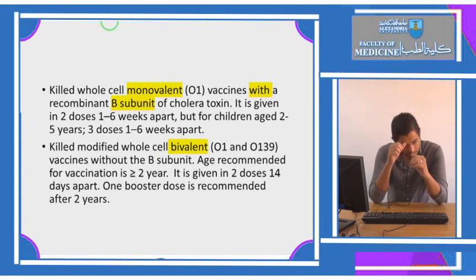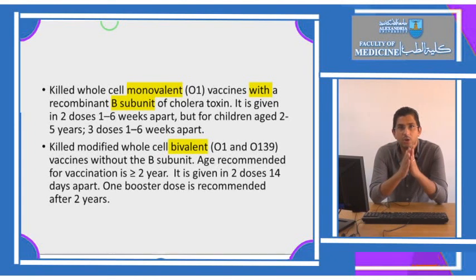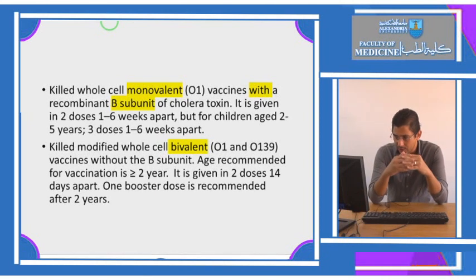So again, we have two types of oral cholera vaccine, both killed whole cell: monovalent with recombinant B subunit, or killed modified bivalent without attachment to the B subunit.